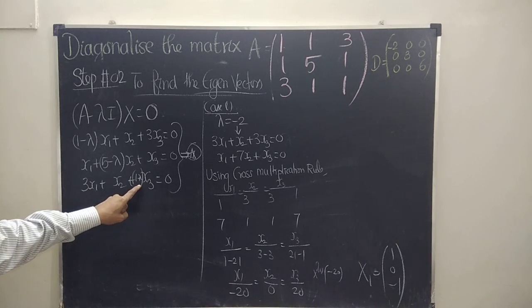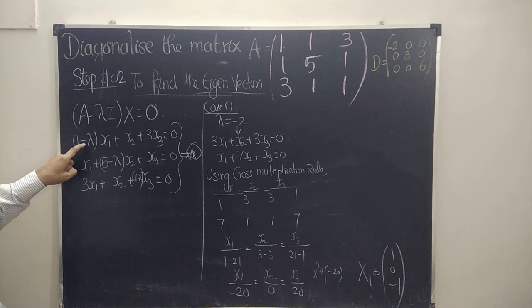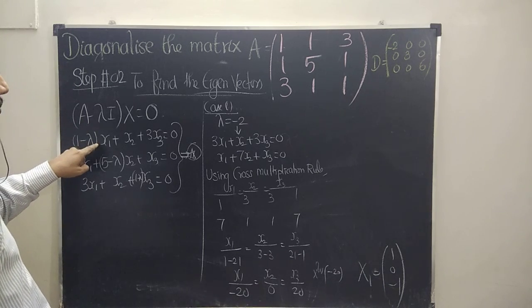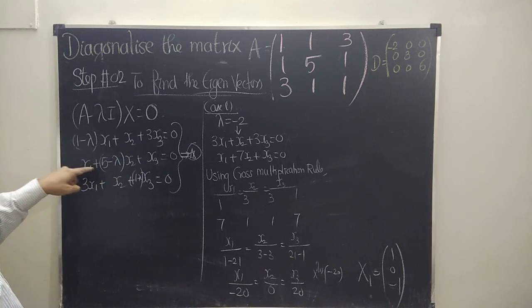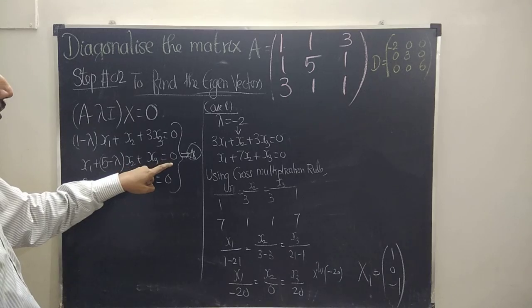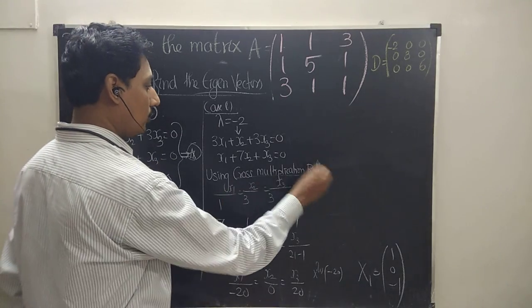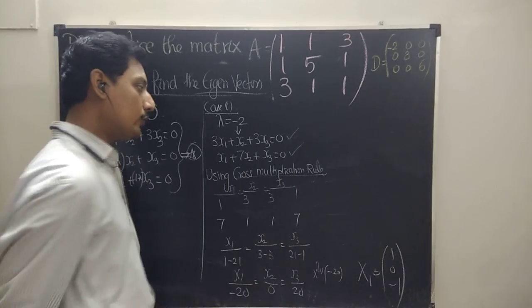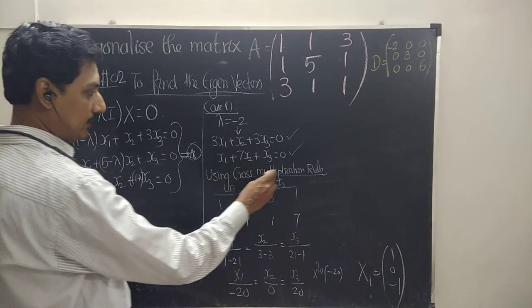Now substitute lambda equal to minus 2. What will we get? 1 minus of minus 2 is 3, so we get 3x1 plus x2 plus 3x3 equal to 0. Second equation: x1, 5 minus of minus 2 is 7, so 7x2, then x3 equal to 0. I don't go for the third equation because for the cross multiplication rule, once we have two distinct equations, it's more than enough. So let's apply the cross multiplication rule.